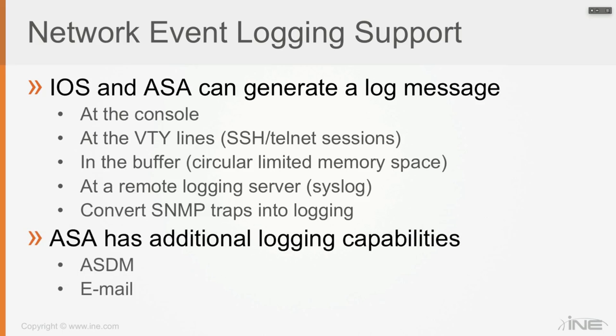Now the ASA has additional logging capabilities. It can also log that message at the ASDM, because you would want to, for example, go in ASDM and see what happens through the ASA. You can also, of course, do a lot of filtering. I'm going to show you that in a couple. And also via email. The ASA can choose to send a log message via email.